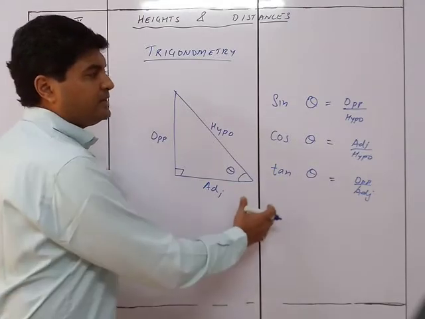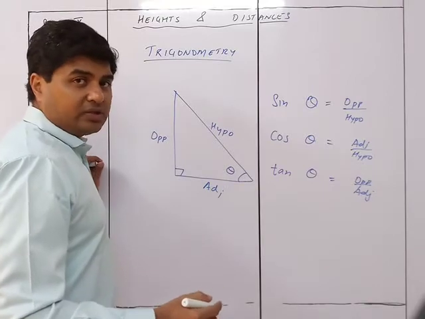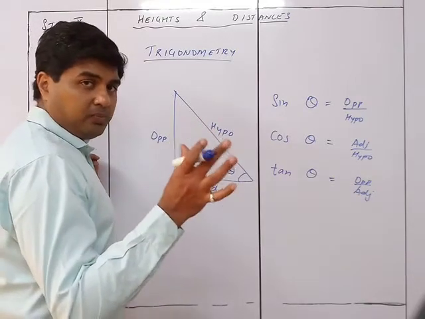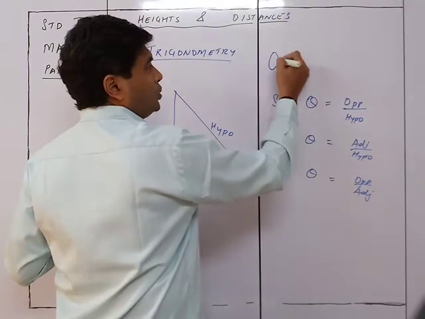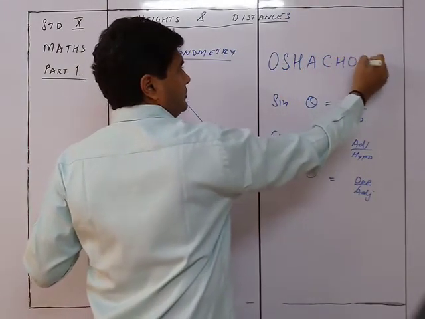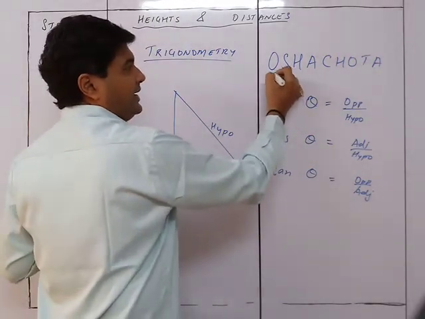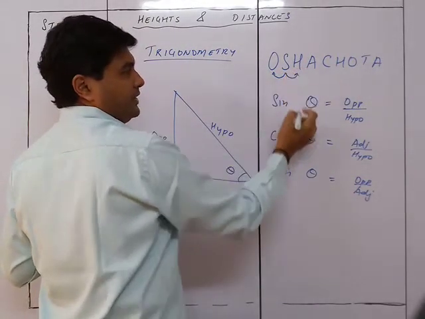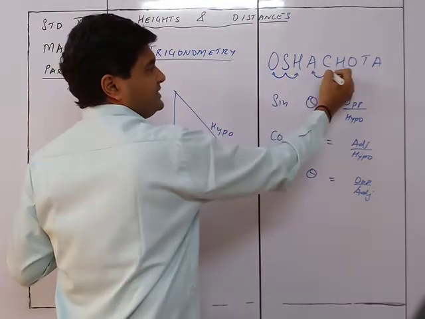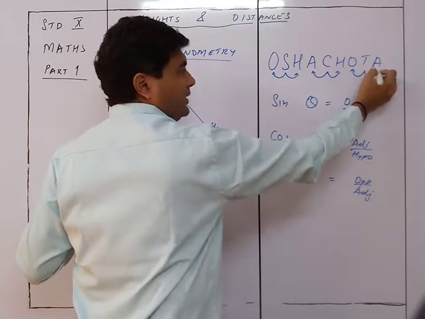And to remember these, if you remember in the 9th standard, we had said that we are using a wording called Osha Chota. What is Osha Chota? Osha Chota is nothing but sine is opposite upon hypotenuse, cos is adjacent upon hypotenuse, and tan is opposite upon adjacent.